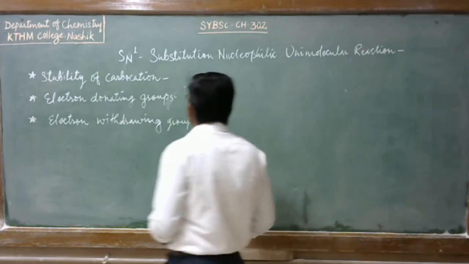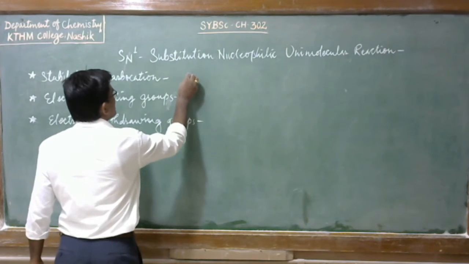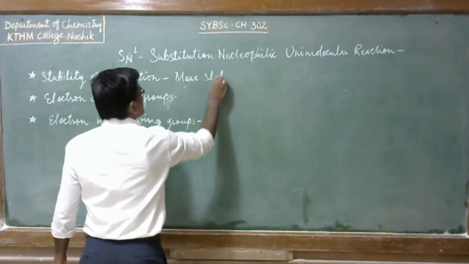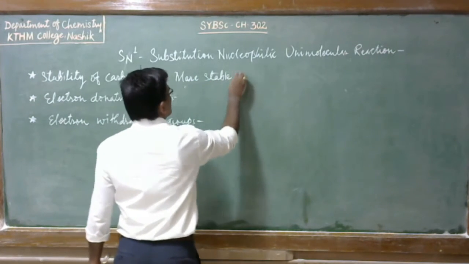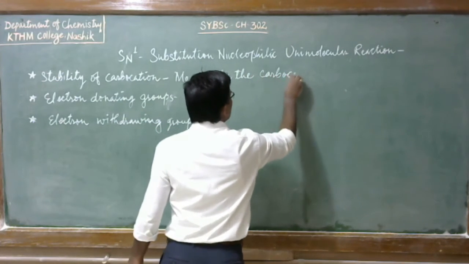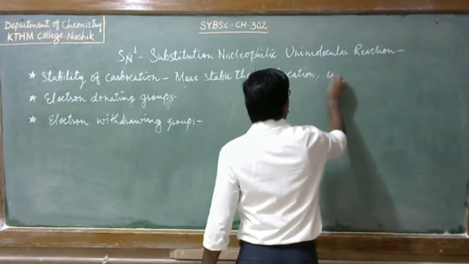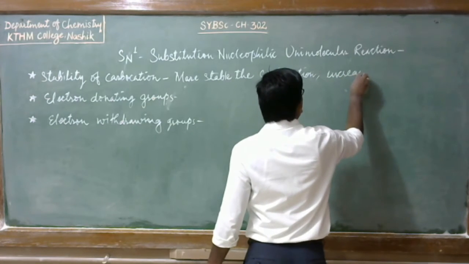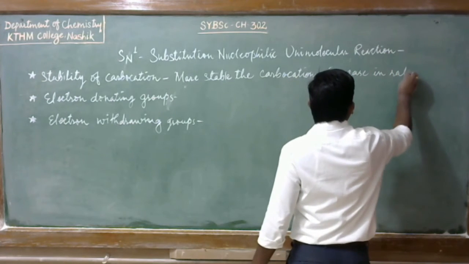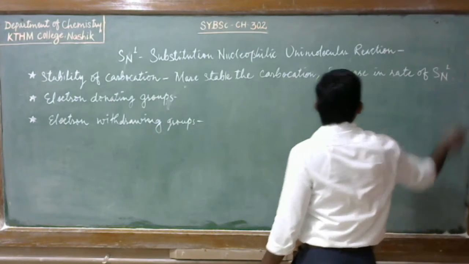Alright. In this, if the carbocation is more stable, there is an increase in the rate of SN1 reaction.